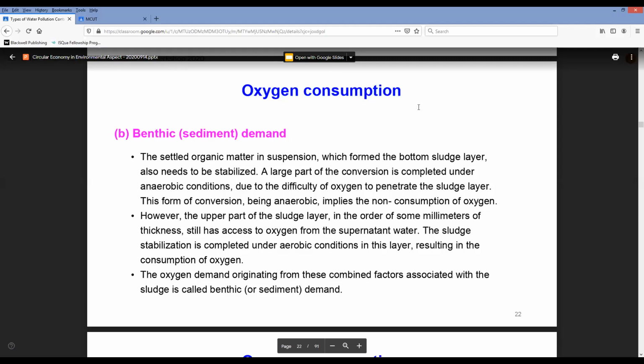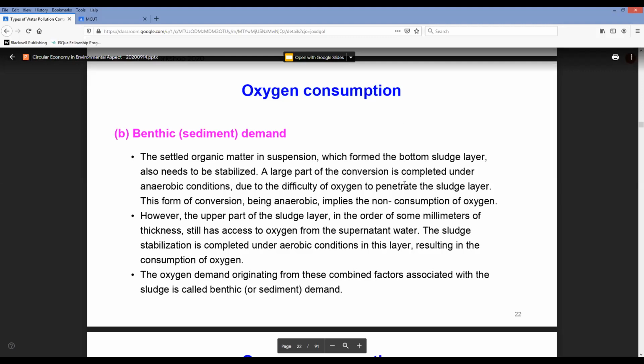It means in the bottom layer of the lake, there is a lot of sludge. The sludge is anaerobic because the sludge is so deep in the lake, and the oxygen is not able to penetrate into the sludge. That's why the bottom of the lake is usually anaerobic.